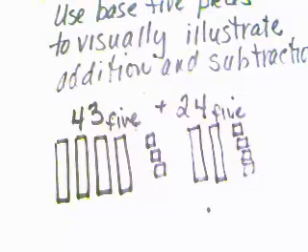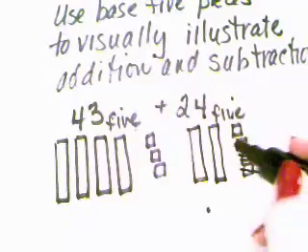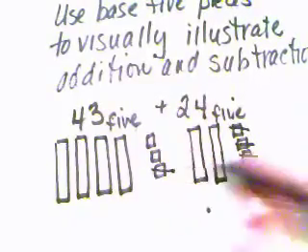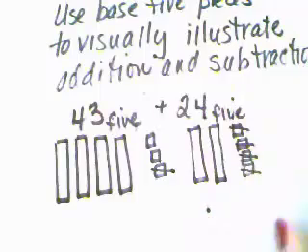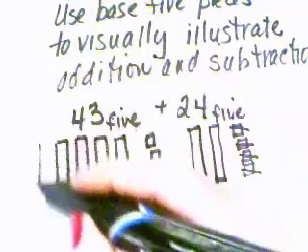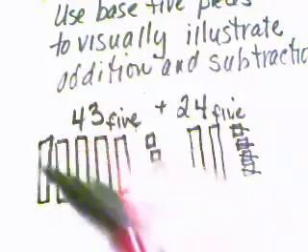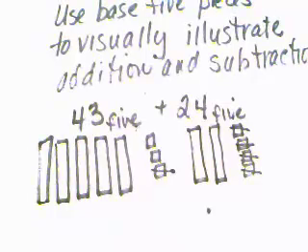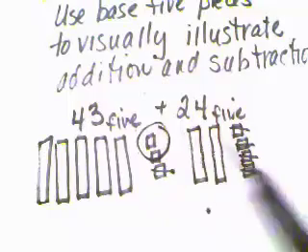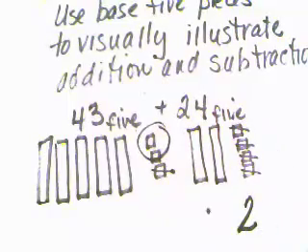And now we will go through the regrouping process. I know that 5 units makes another long. So 1, 2, 3, 4, 5. Take out those 5 units and add in another long. And what you have left are 2 units.